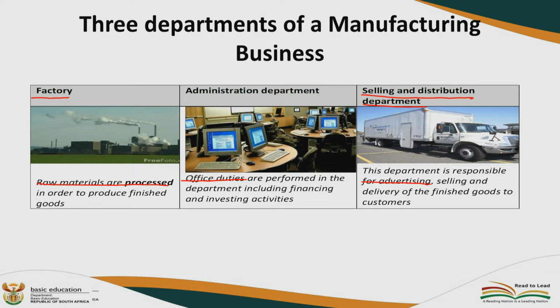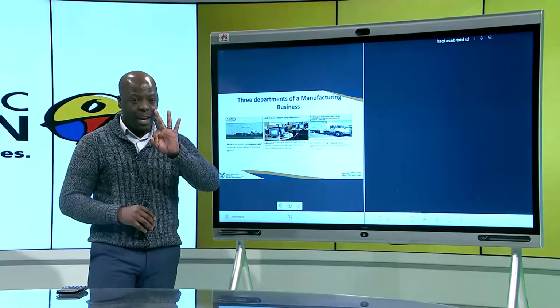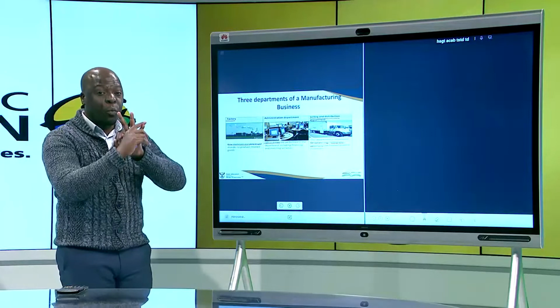This is simply informing our customers that we now have the pink dresses in the shop. Come and buy. So this department is responsible for advertising, and then the selling and delivery of these finished products. I want you to keep this in mind, that in our business, we now have how many departments? 3, okay? The first one, we're going to have the factory.